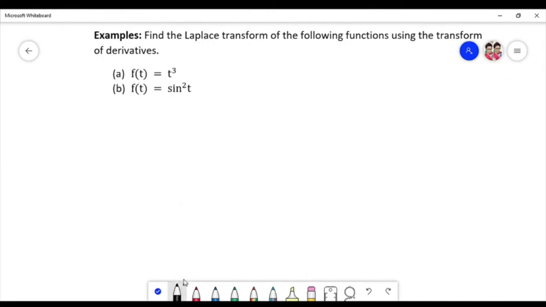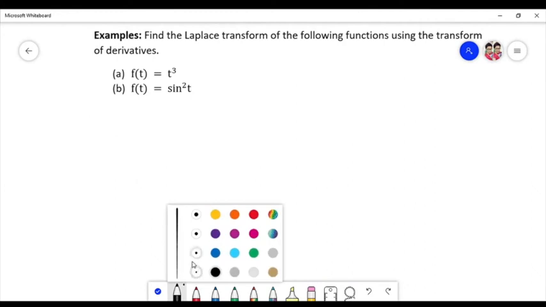We are asked to solve for the Laplace transform of f of t. Based on the formula, we will be needing the derivatives.